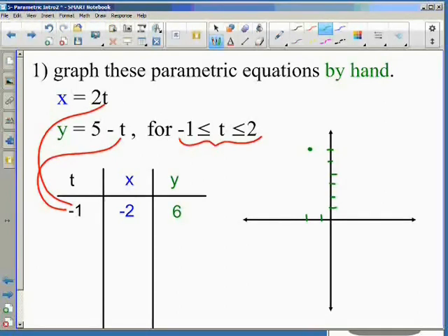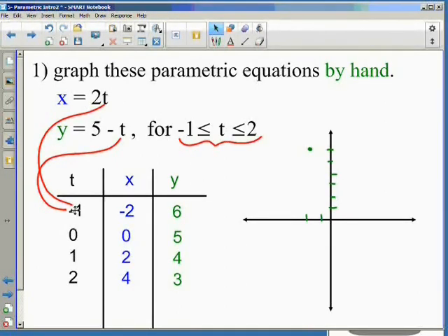Next, we take all the values. I'm just using integer values, but with the less than or equals, we're obviously using all values between -1 and 2, so we'll be connecting these dots. But what happens is we get the point 0, 5 and 2, 4.